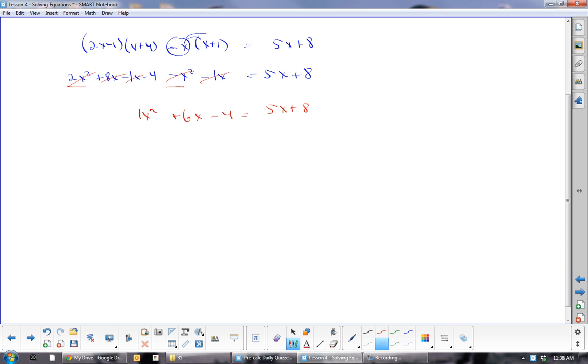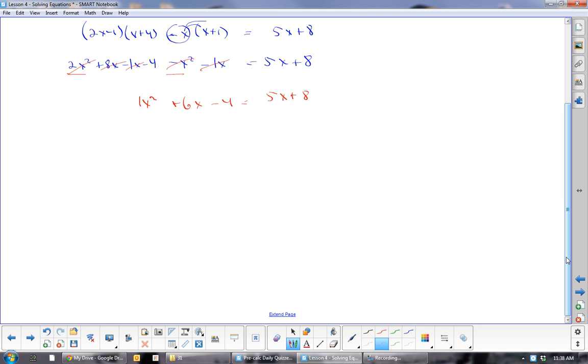By this stage, most people are seeing that we're coming to the end here. I do, once again, want to make this all equal 0. So I'm going to subtract the 5x here, and make sure I do it to that side, and minus 8. So x squared plus x minus 12 equals 0.